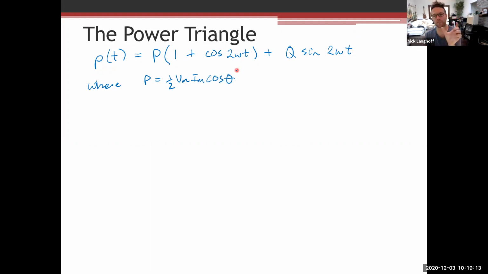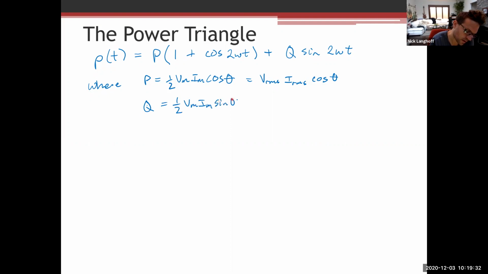Remember, theta is theta V minus theta I. We could also write that as VRMS times IRMS times the cosine of theta. And Q is 1/2 Vmax Imax times the sine of theta, or we could write that as VRMS times IRMS times the sine of theta.